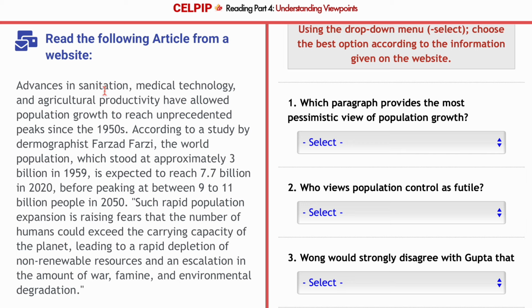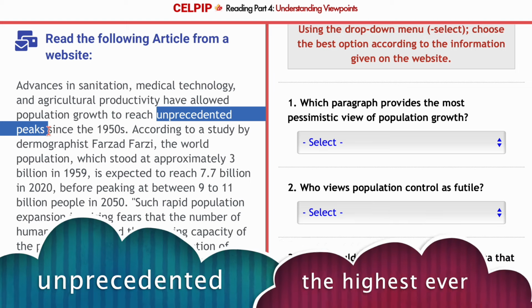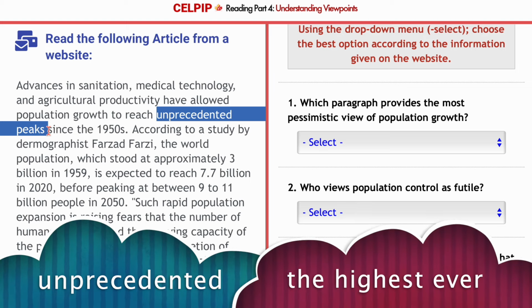Advances in sanitation, medical technology, and agricultural productivity have allowed population growth to reach unprecedented peaks since the 1950s. Unprecedented, such unexpected, high results or the highest levels.